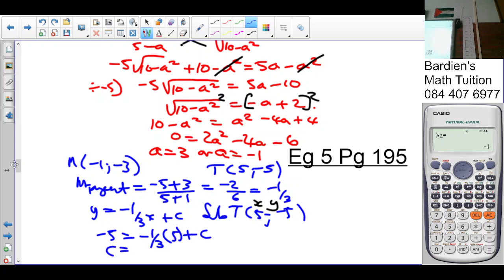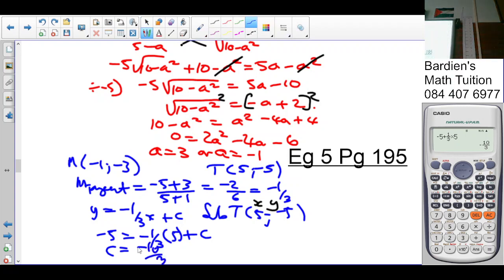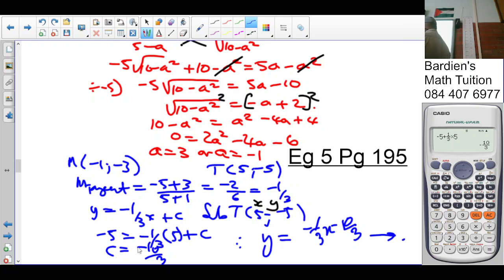So c works out to be negative 5 plus 1 over 3 times 5, which gives you negative 10 over 3. So therefore your one equation is y is equal to negative a third x minus 10 over 3. That's the one. The other one you can work out now.